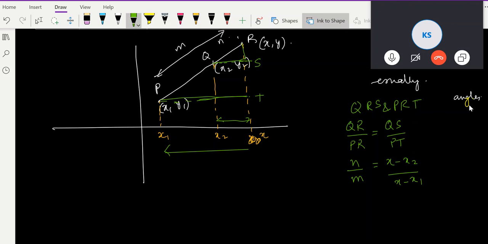So therefore I can write nx minus nx1 is equal to mx minus mx2.